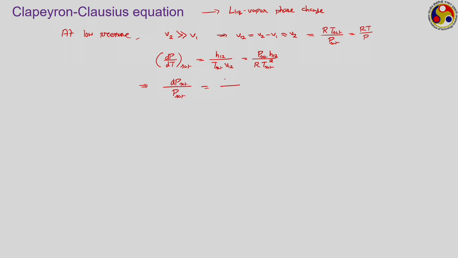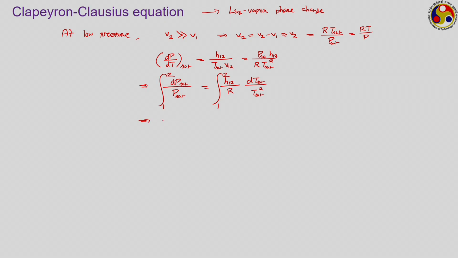equal to H12 by R into d of T sat by T sat square. If we integrate this entire thing for two different saturation points, 1 and 2, where 1 refers to one particular saturation state and 2 refers to a different saturation state corresponding to a different saturation pressure and temperature, but they are reasonably close to each other, so that we can make use of this low pressure assumption. If 1 and 2 are reasonably close to each other, then this H12 can be approximately taken to be a constant.